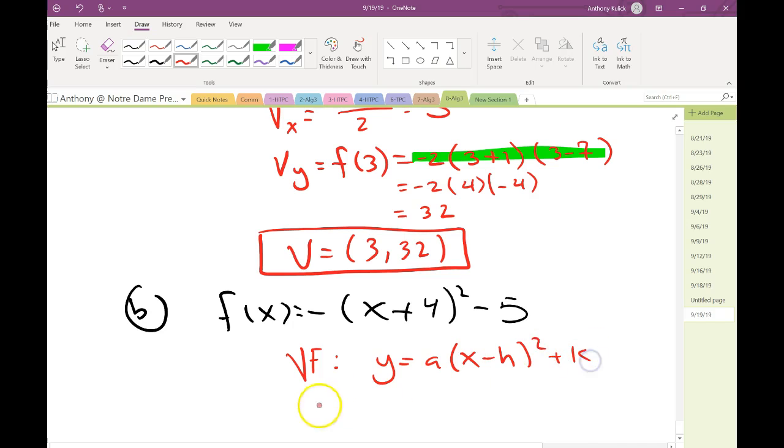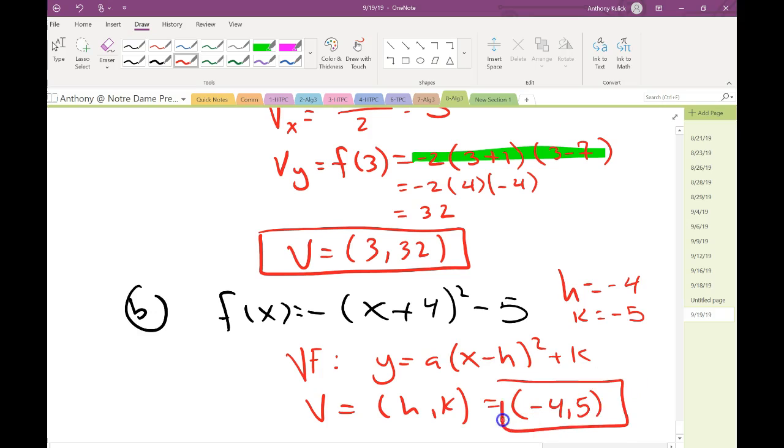And I know in vertex form, the vertex is h comma k. So what's my h and k in this situation? K is negative 5, and h is negative 4. So, and I'm done.